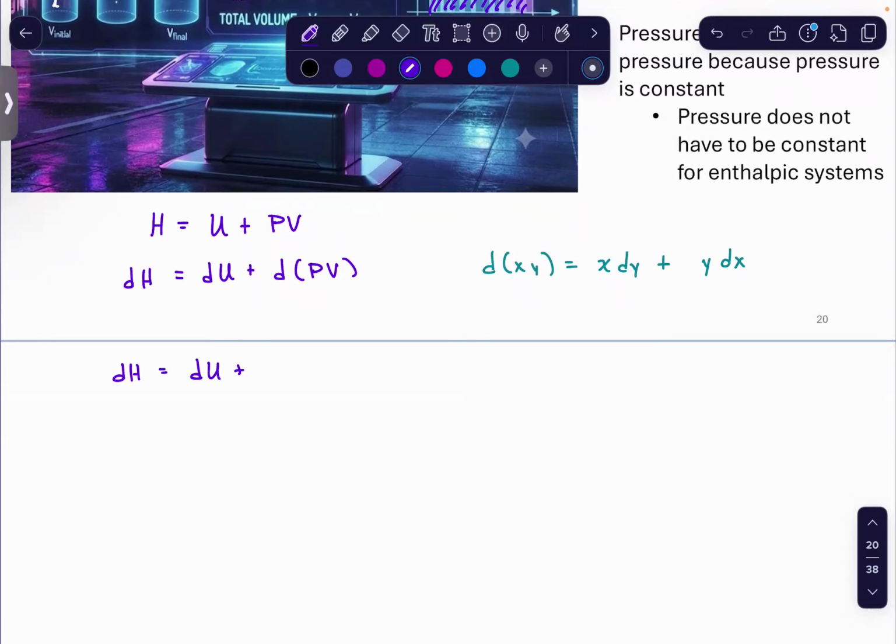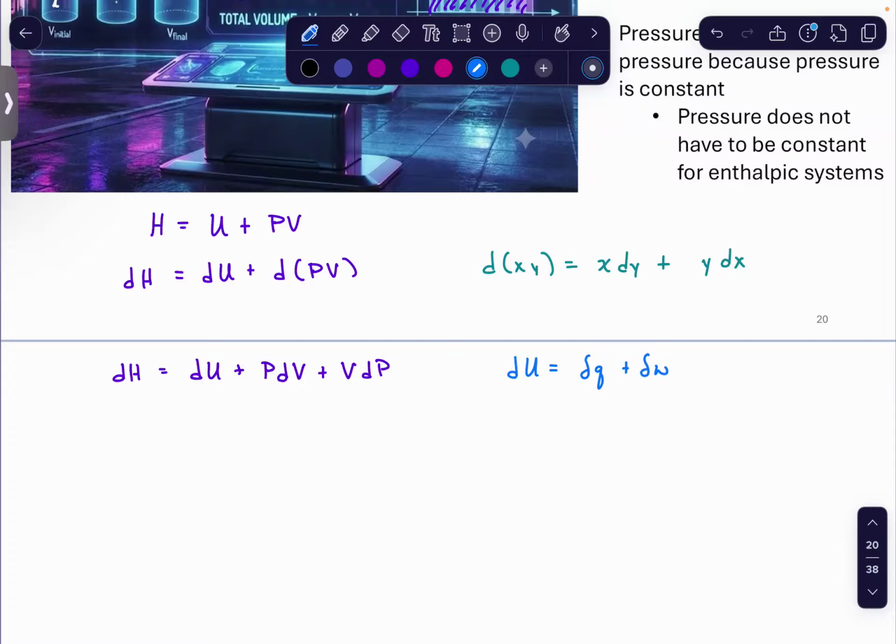And so this is going to be PdV plus VdP. Now, if U is Q plus W, what we're going to get here, don't pay too much attention to what I did there.